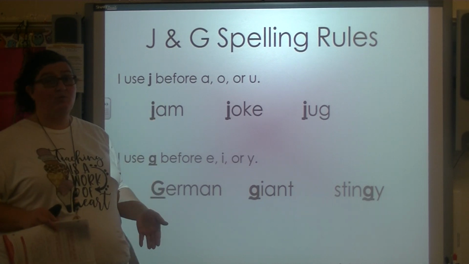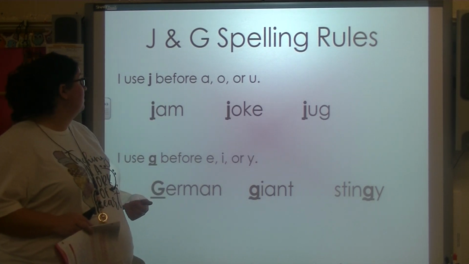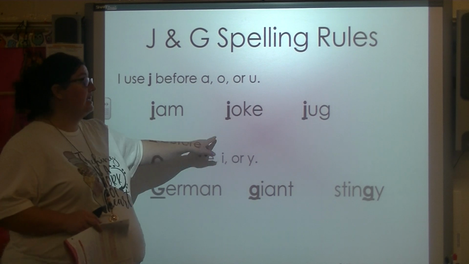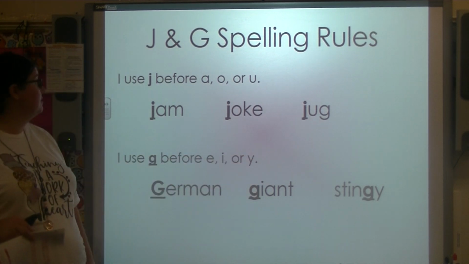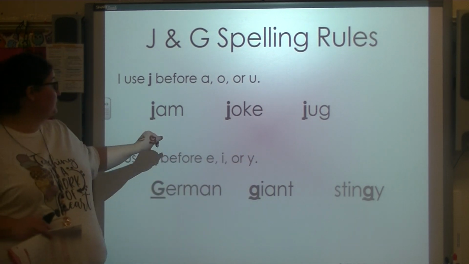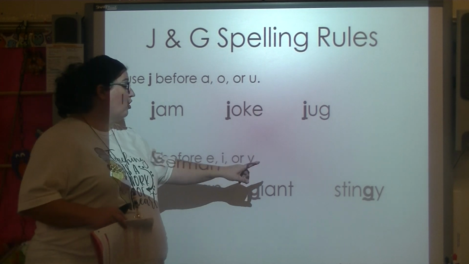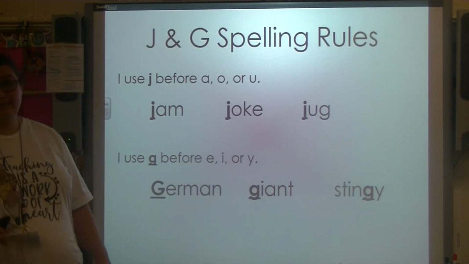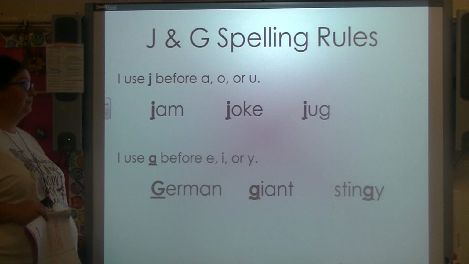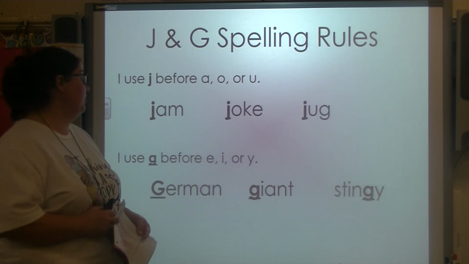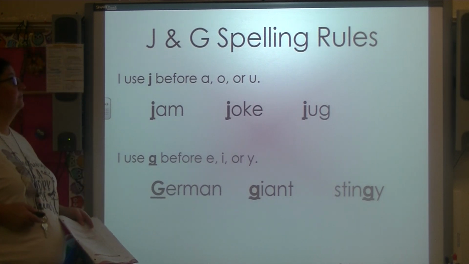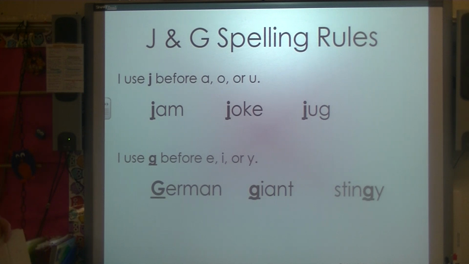Any other vowel pattern will be J. So any other vowel pattern will be J. If it's E, I, or Y, you're going to use a G to make the J sound. And that's the rule. I'll attach that page to your lesson so you can go back and refer to it.